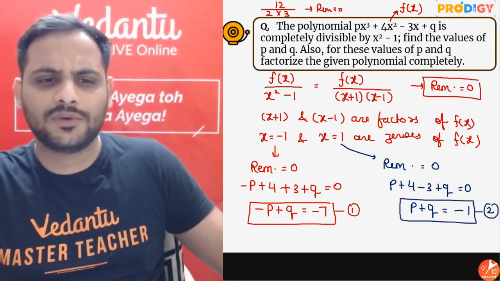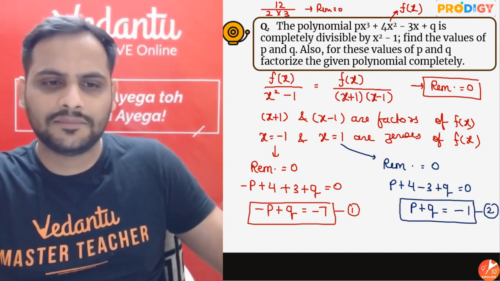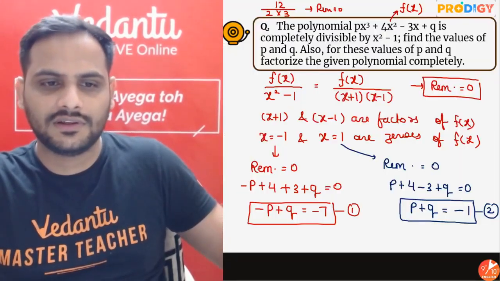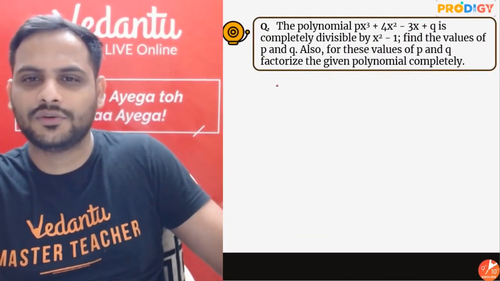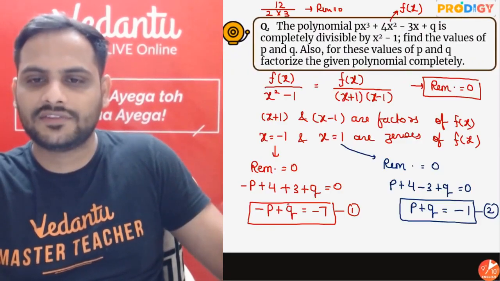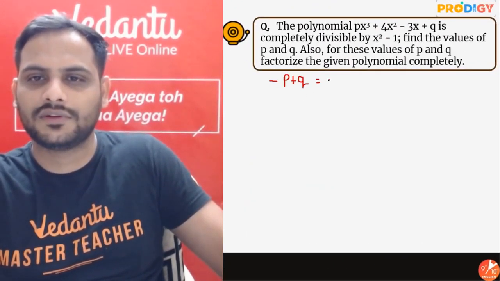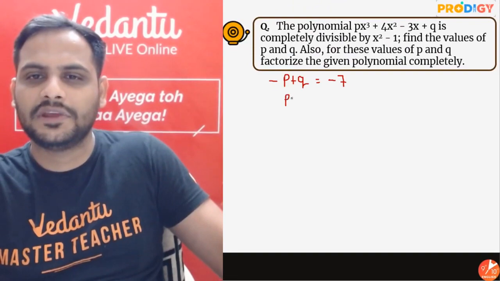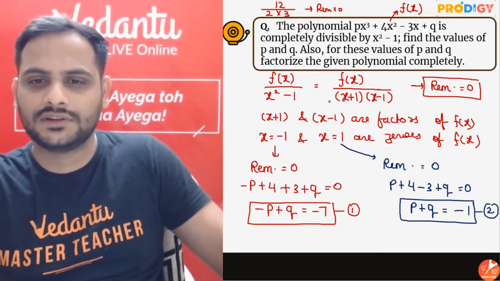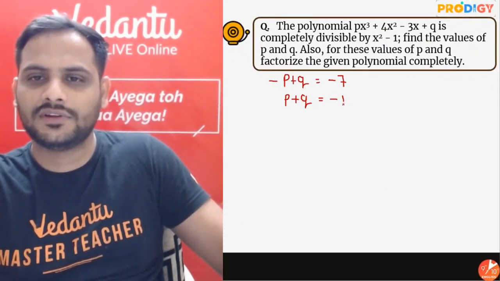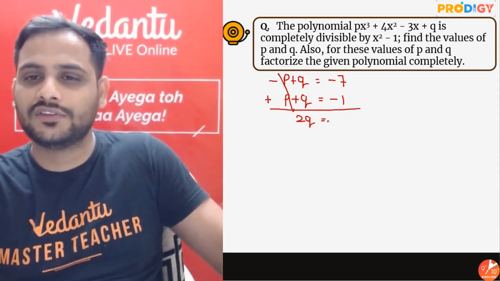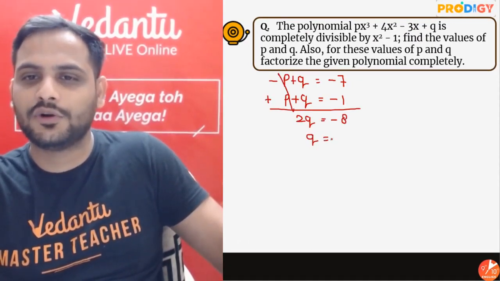I have got both equation 1 and equation 2. Let us write them. First equation: minus p plus q is equal to minus 7, and p plus q is equal to minus 1. Let's do one thing, add both. So p got cancelled. 2q is equal to minus 8, q is equal to minus 4.